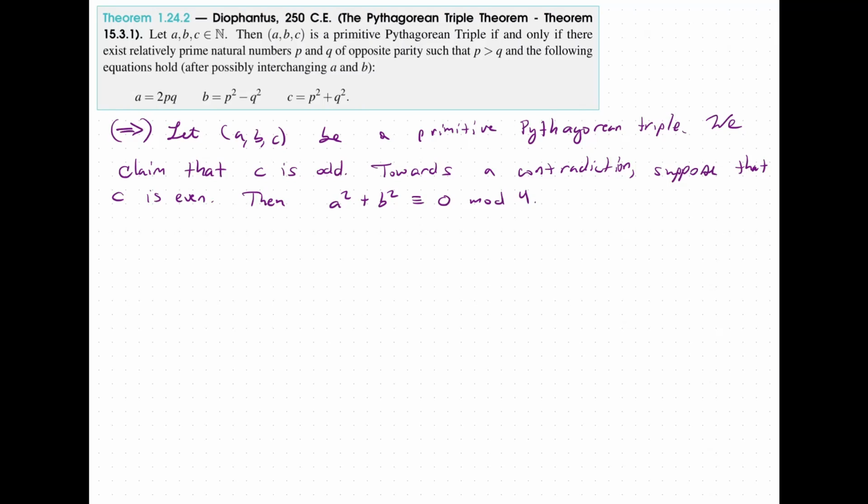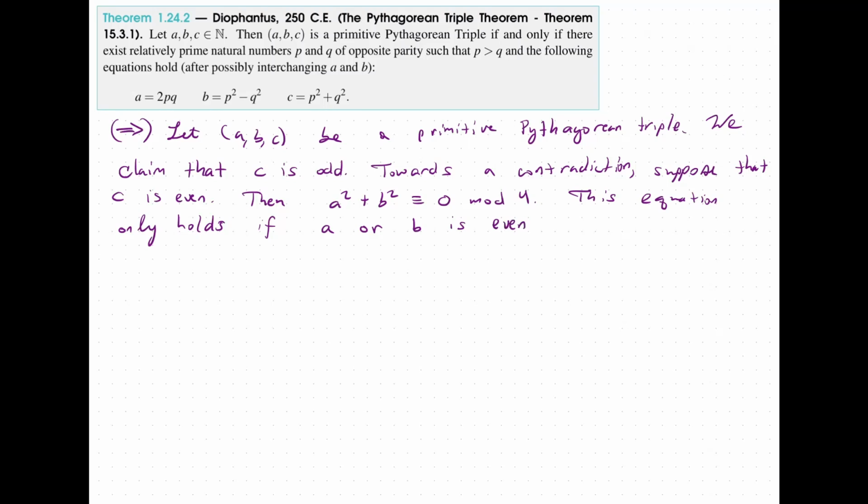And so we have A squared plus B squared is congruent to 0 mod 4. Now this equation only holds if A or B is even.